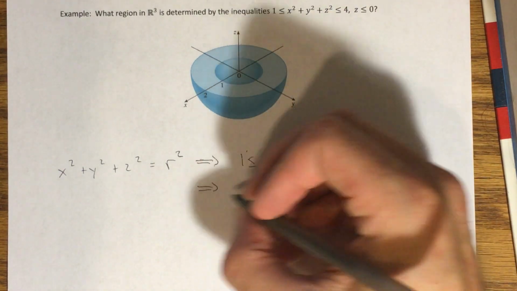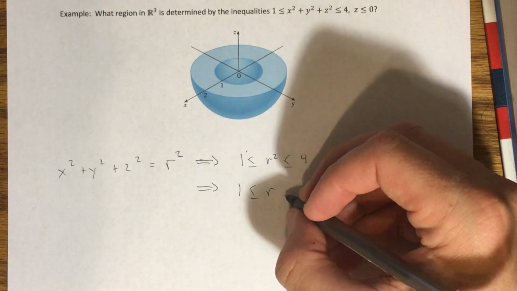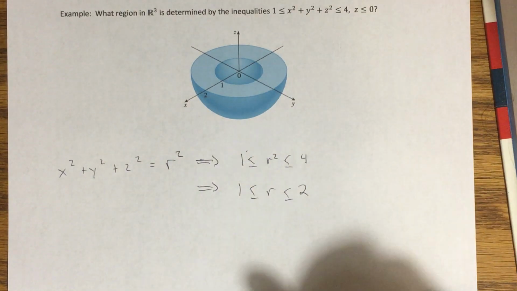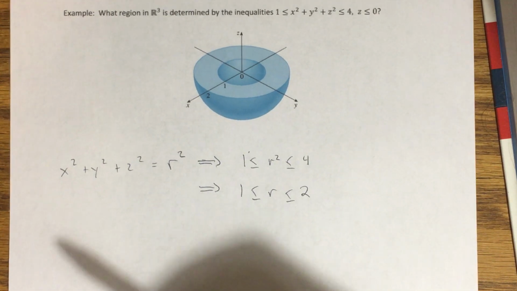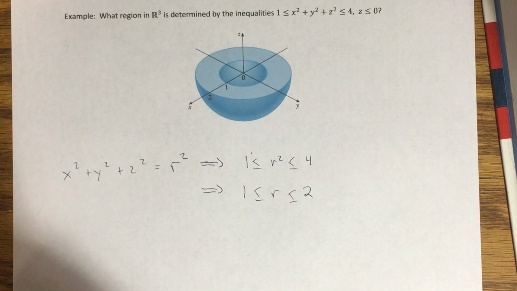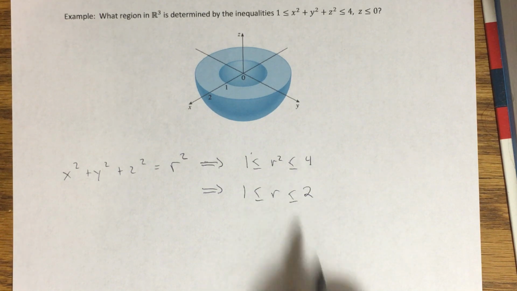But that implies that r, our radius, if we take square roots, gives me r between 1 and 2. So basically this is telling me that we're looking at a region consisting of spheres centered at the origin whose radii are any value between 1 and 2 inclusive.